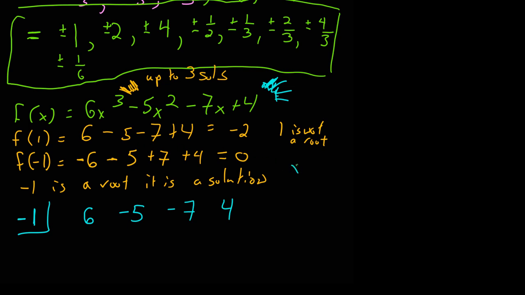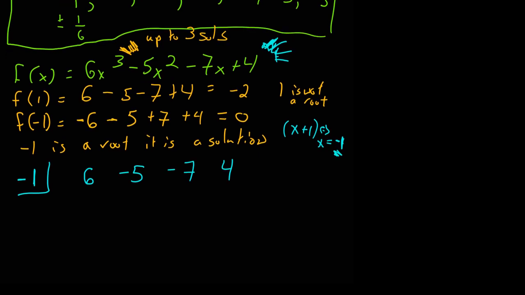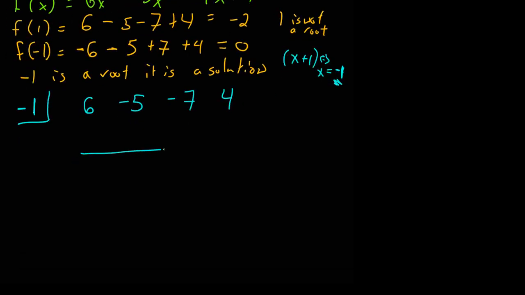And so what I'm dividing by is x plus 1, because x plus 1 as a factor is equivalent to my answer being x minus 1. And synthetic division says, hey, I take the opposite of the sign, or I take the root. So let me pull this up here, and I'll do my synthetic division.